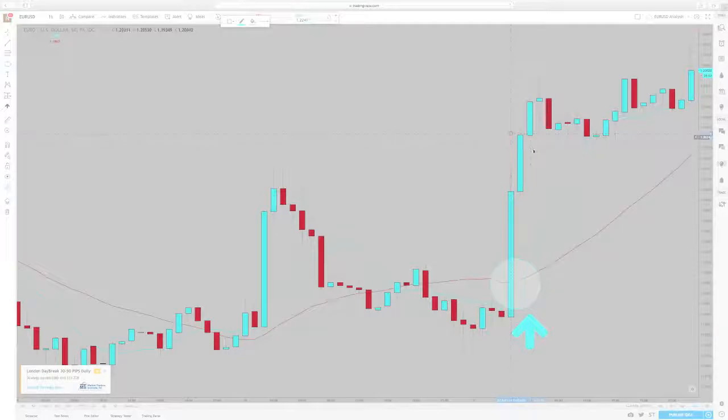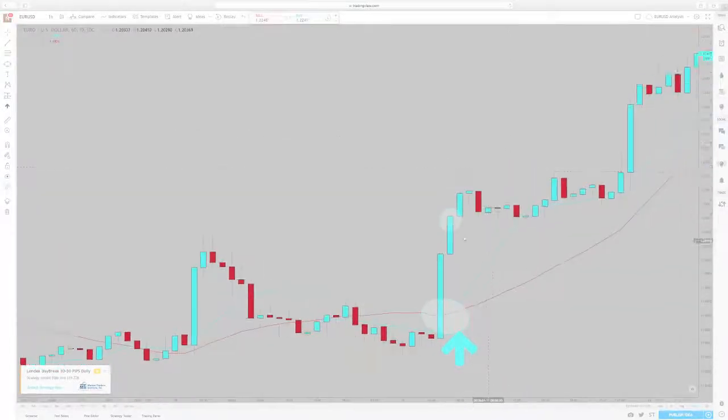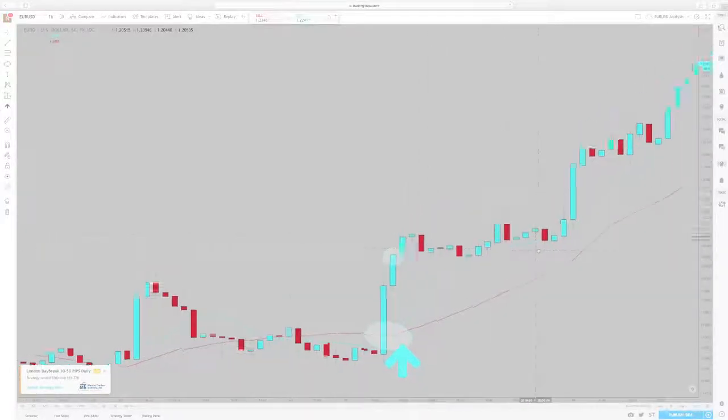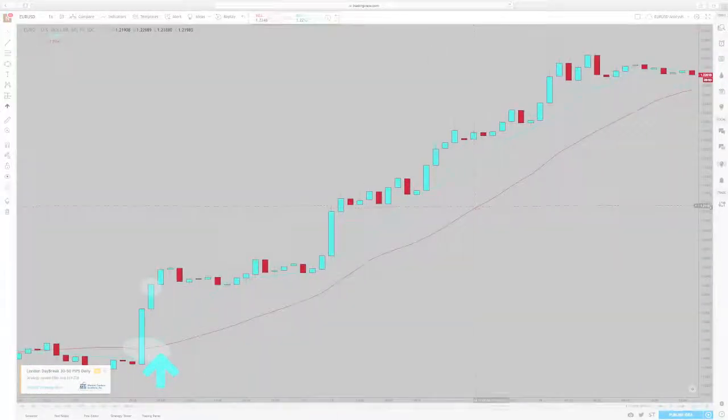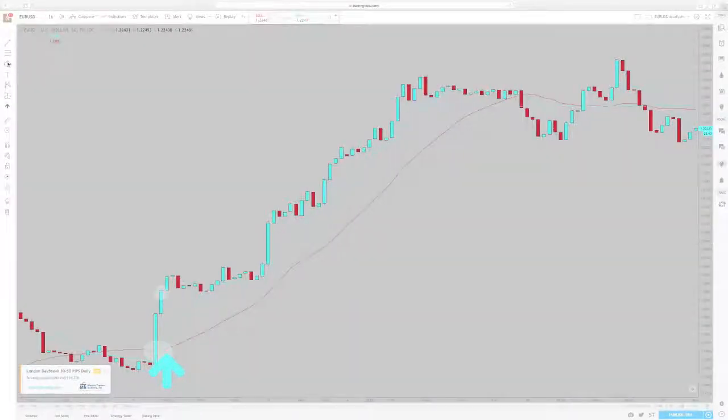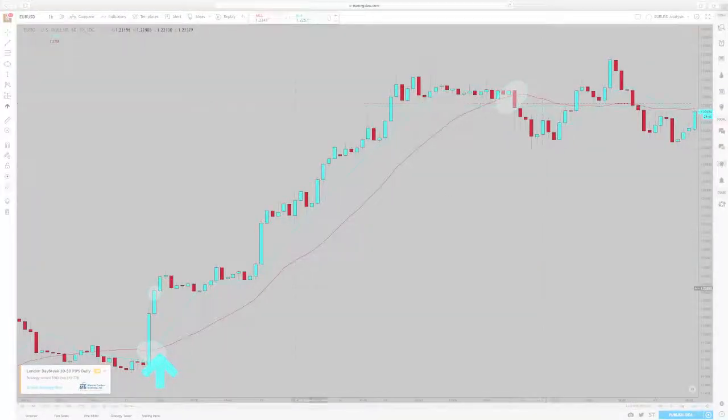If we entered when this crossed, we would enter here, and we would exit when this crosses over going down. Following it, boom, right here. If we measure this, this is a trade solely based off the moving average.